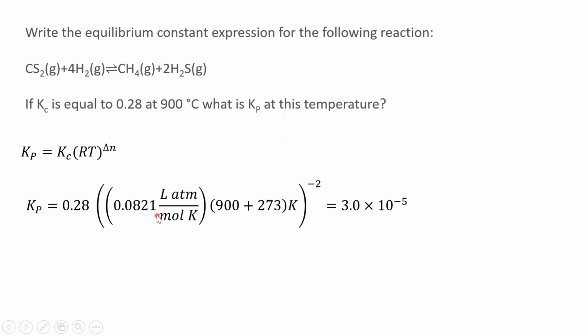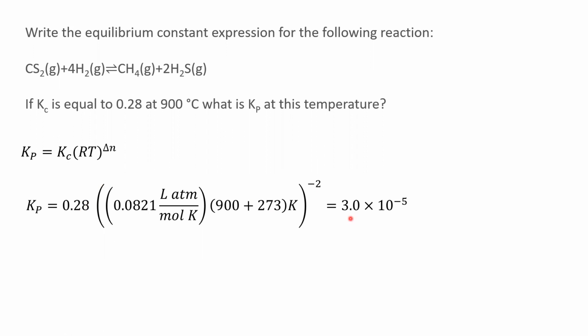So we would take 0.0821 times whatever this is, 1173, raise it to the -2 power, and then multiply it by 0.28, we're going to get a really small number, 3.0 times 10 to the -5.